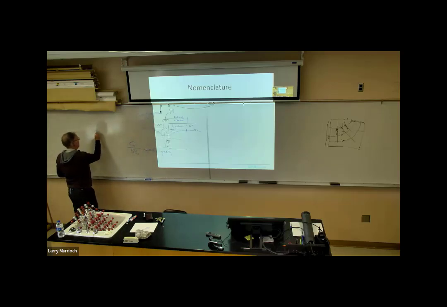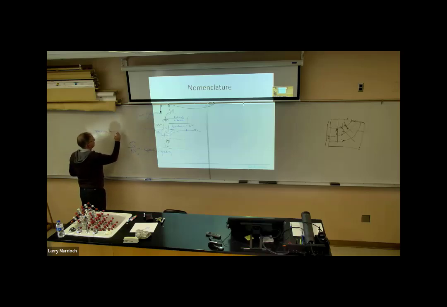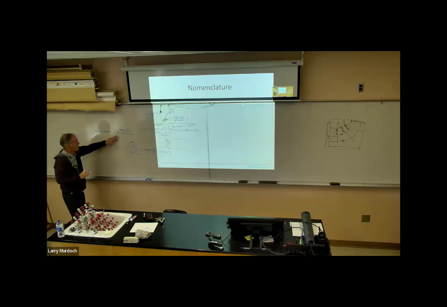So the power is going to be proportional to the flow rate and the drawdown in the well. And we'll multiply that by the unit weight of water. That gives us units of power.